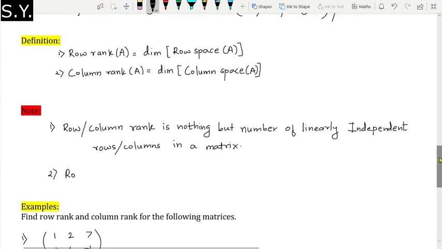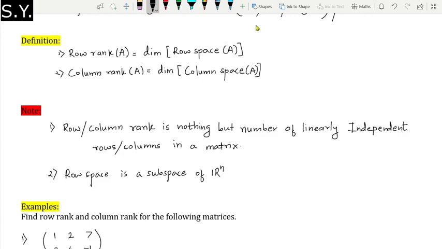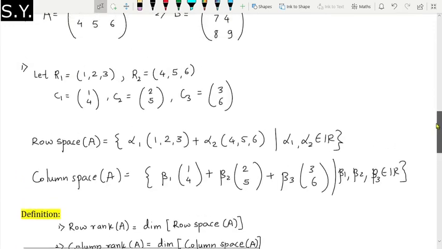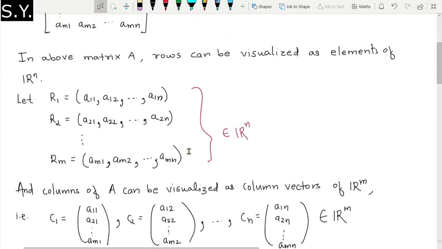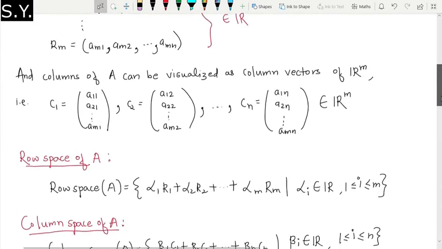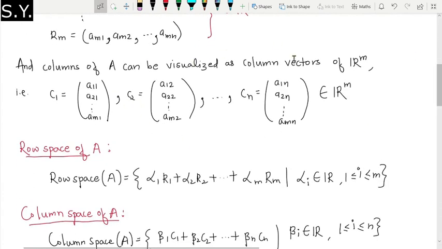So your row space is a subspace of what? There may be an MCQ: R raised to n. Why R raised to n? Because the rows of a matrix we have visualized as elements of R raised to n. Therefore it is a subspace of R raised to n, and we have visualized columns of A as column vectors of R raised to m.